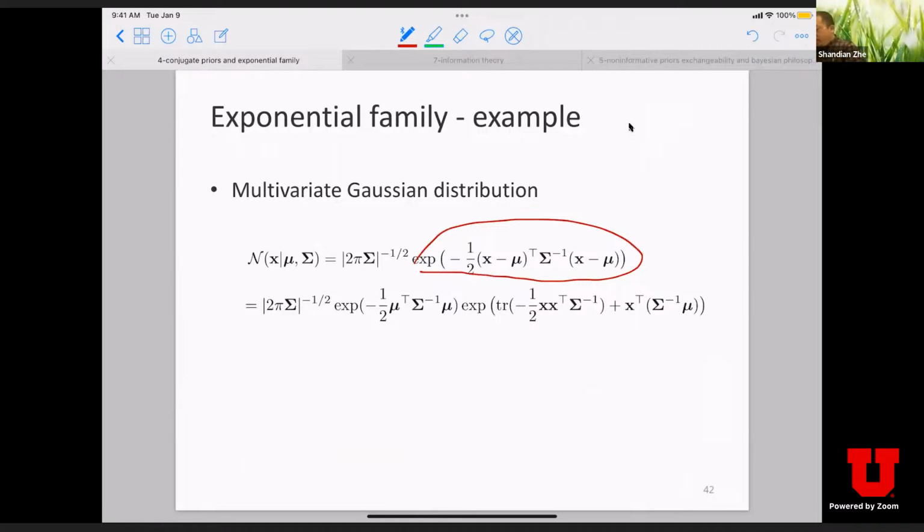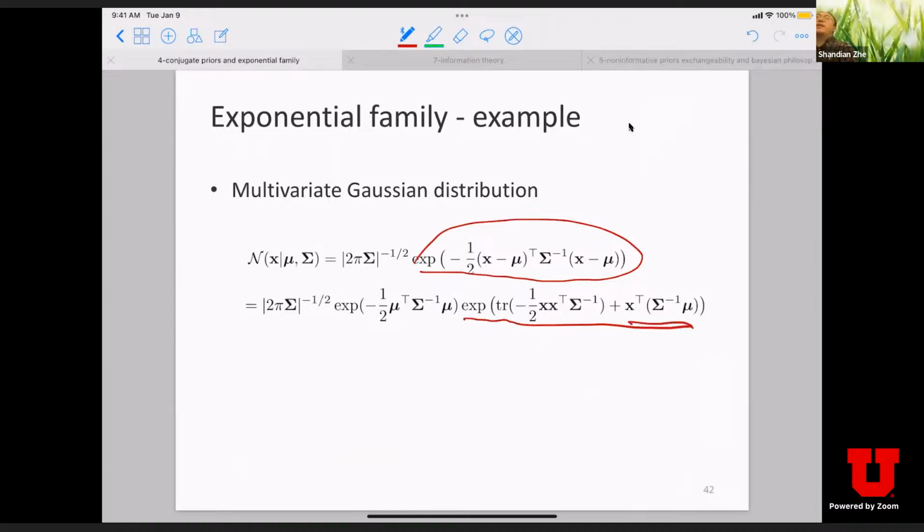In the exponent, the part that relates to x has only two terms. One is the trace term, minus half x transpose sigma inverse.